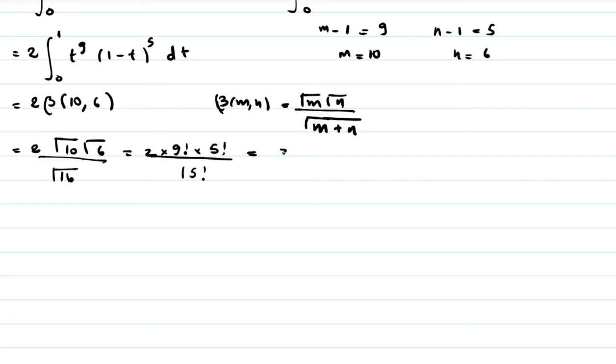Instead of expanding 9 factorial, we keep it here, and then we have 5 factorial, divided by 15 into 14 into 13 into 12 into 11 into 10 into 9 factorial.